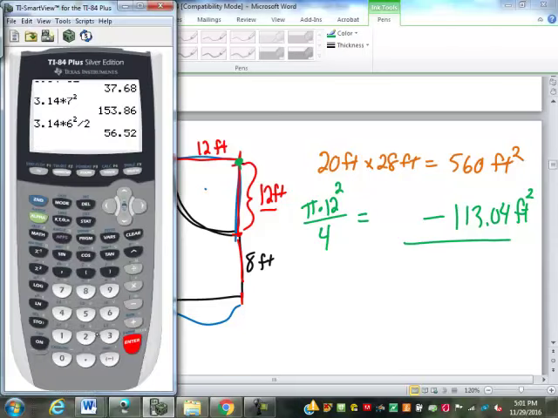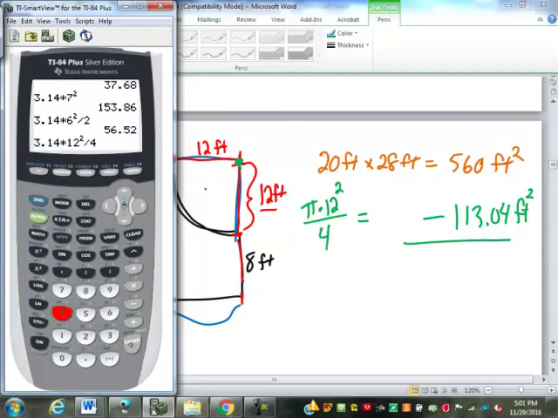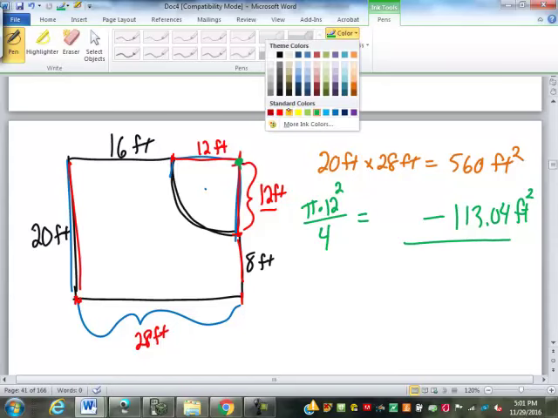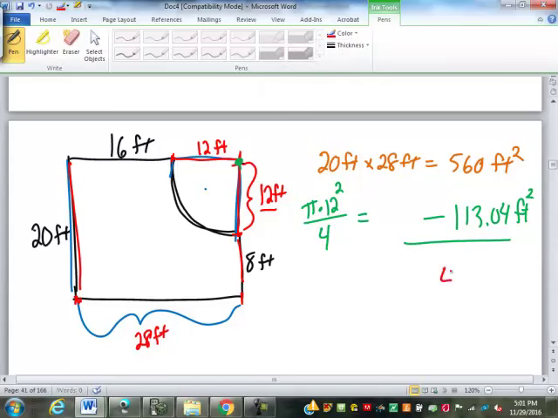I'll do it out just to be sure: 3.14 times 12 squared divided by 4. Yes, 113.04. So we subtract that, we get 446.96 square feet is our area.